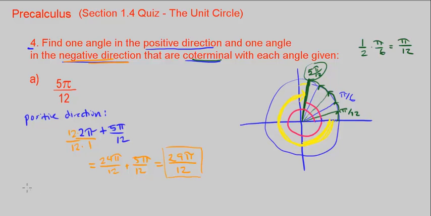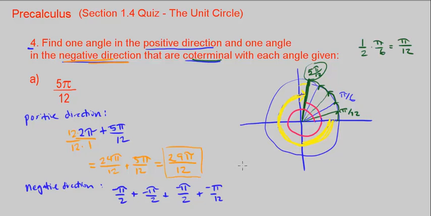So for the negative direction, we start here and go negative pi over 2, plus another negative pi over 2, plus another negative pi over 2, plus negative pi over 12.